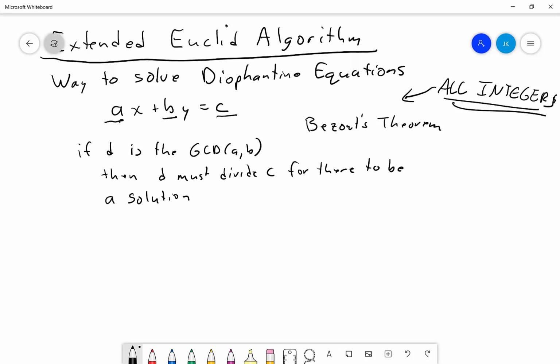The only way that we can find integer solutions X and Y to a Diophantine equation like this, and this is Bezout's theorem, is if C is a multiple of the GCD of A and B. Because of that, anytime we are given an equation like this, we will actually solve AX plus BY equals D, where D is the GCD of A and B.